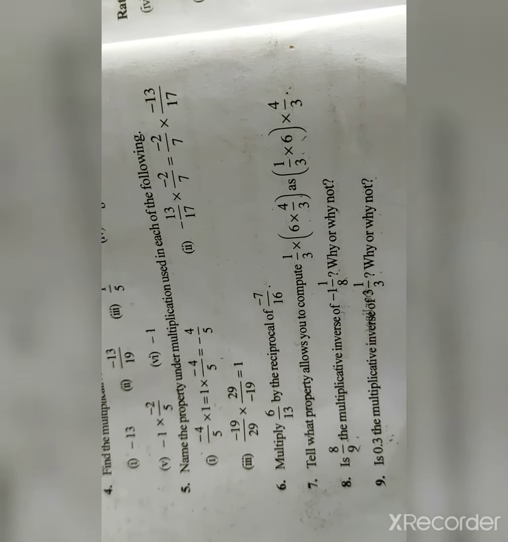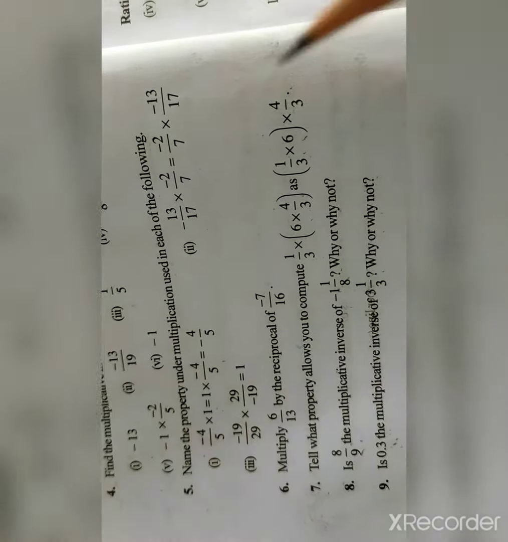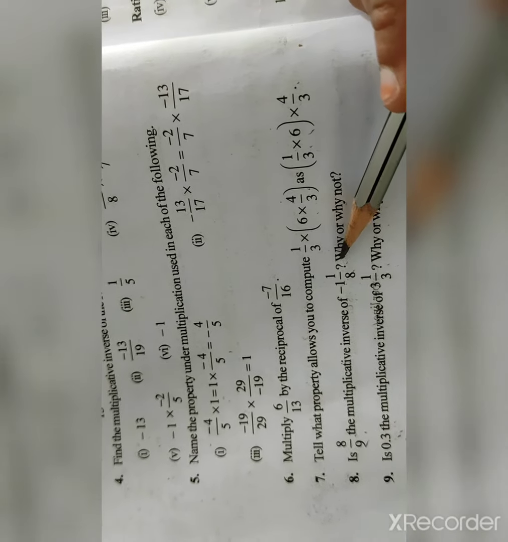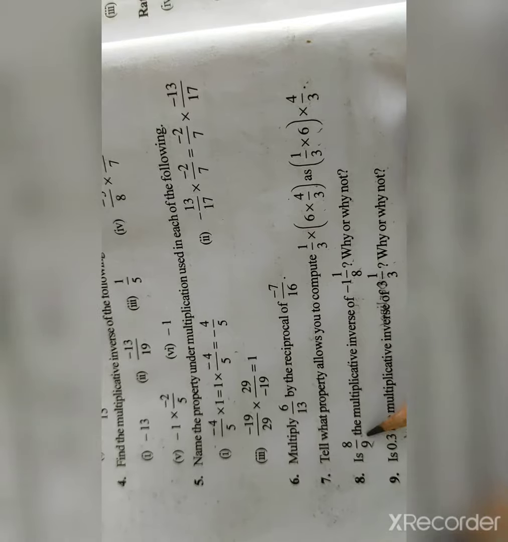According to the question, 8 upon 9 is the multiplicative inverse. But we have seen that the multiplicative inverse of this is not equal to this. So you will write the reason.